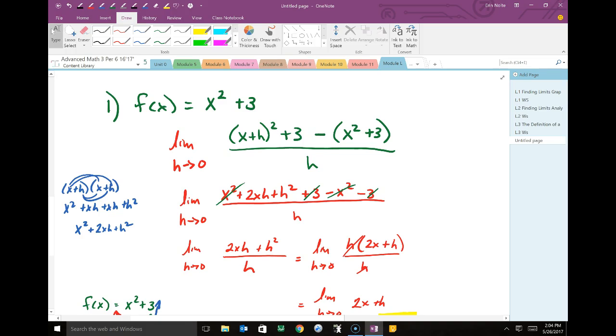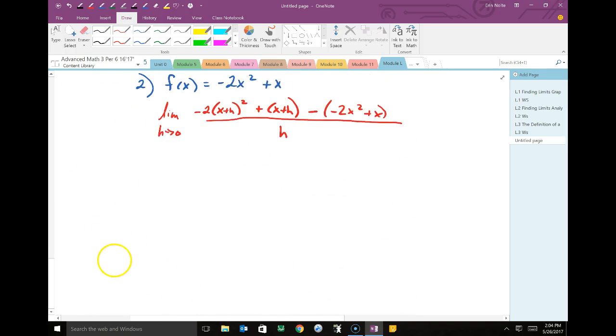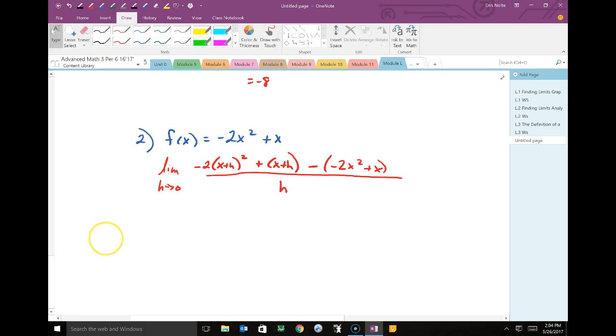Why didn't I include it? But I did. Because this part right here is my f of x, which is this. I don't understand what you're asking. We're not on the same page. Okay. We'll do another one and we'll see if we can get on the same page at some point.